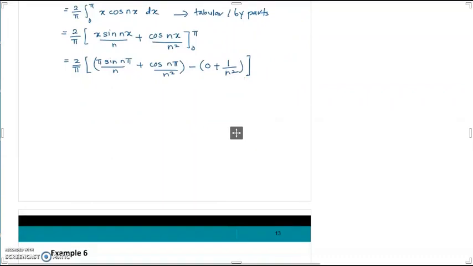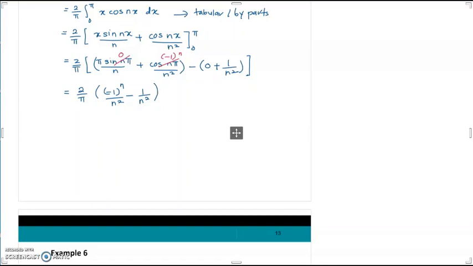All right. Again, we know that cos n pi can be simplified as negative 1 to the power of n, and sin n pi is always 0. So simplifying, we have 2 over pi, and in the bracket we have negative 1 to the power of n over n squared minus 1 over n squared.